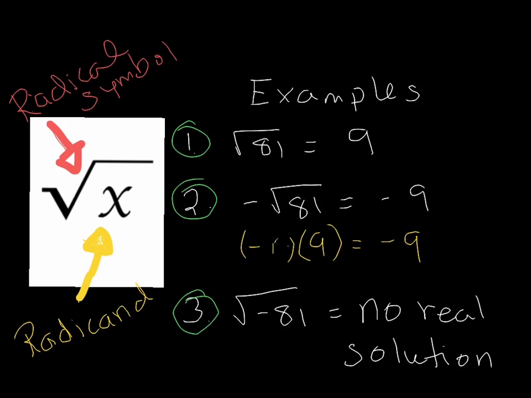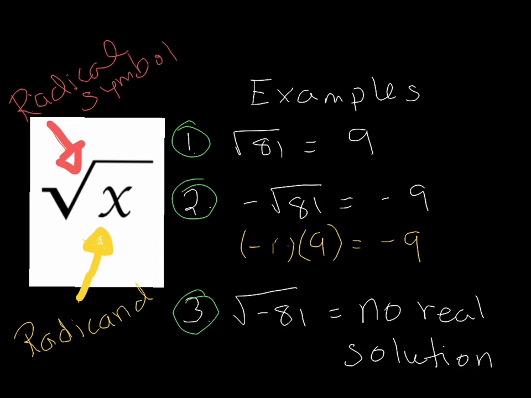So let's look at our three examples. Our three examples are the square root of 81, negative 1 times the square root of 81, and the square root of negative 81. Starting with the first one, the square root of 81 equals 9. There's nothing to that. That's a perfect square. It's a positive radicand underneath the radical symbol, and that equals 9.